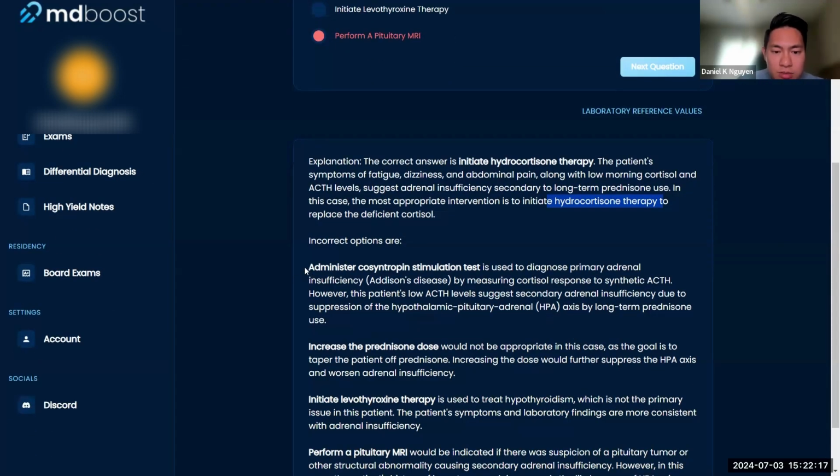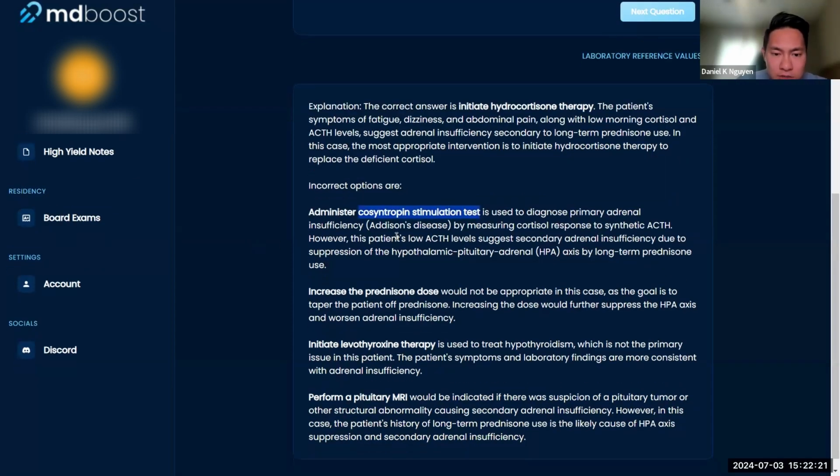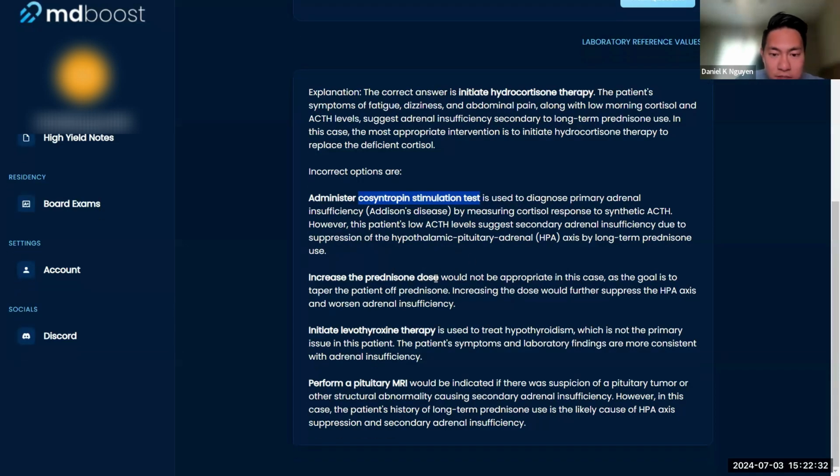The cosyntropin stimulation test is used for primary adrenal insufficiency, or Addison's, and this is not primary. Increased prednisone, right? As the goal is to taper off prednisone, increasing would further suppress the HPA axis and worsen adrenal insufficiency.